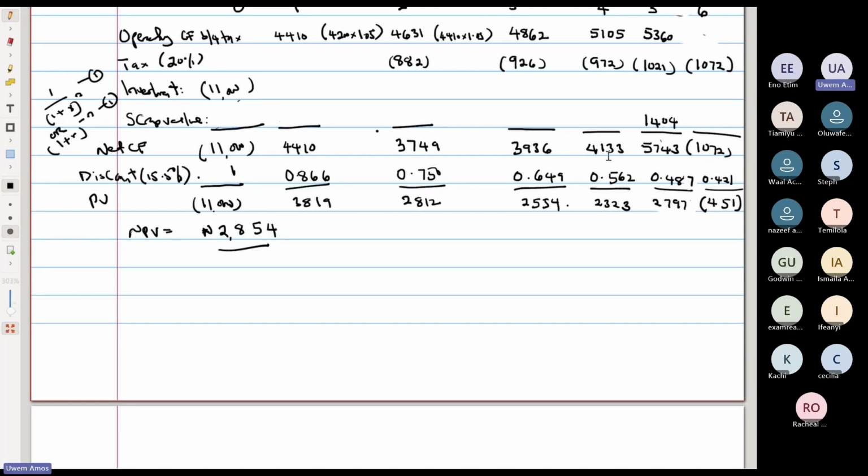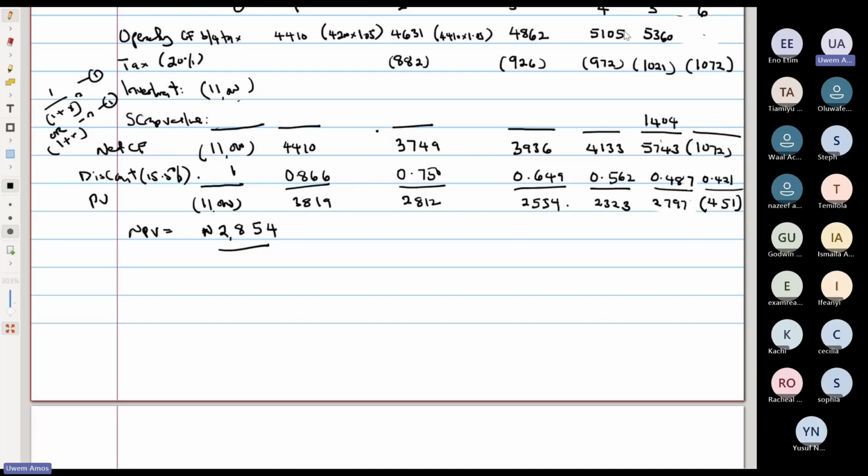Few people are just rejoining. All right, so let's look at it together. The format for the second one is 1 plus r raised to the power of minus n. So that would be 1 plus, what is our rate of return? 15.5%. So 15.5 divided by 100 to take it into nominal value would be 0.155.